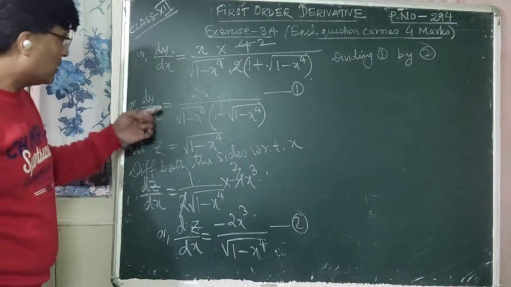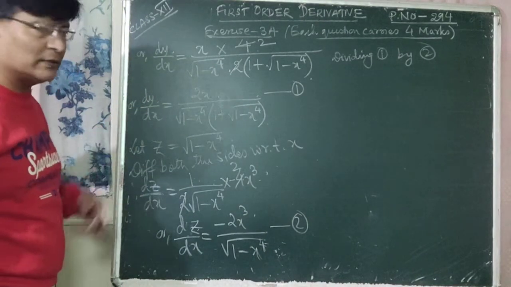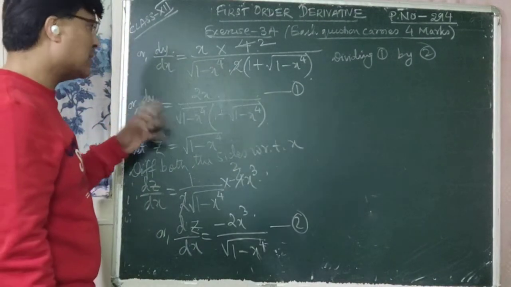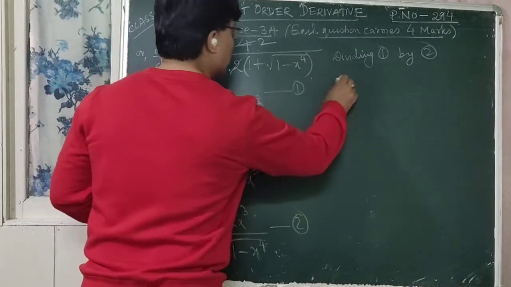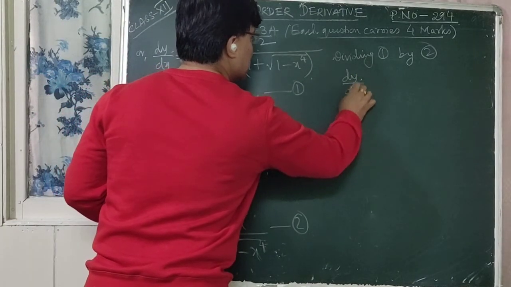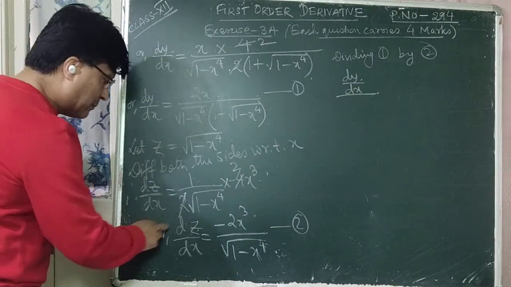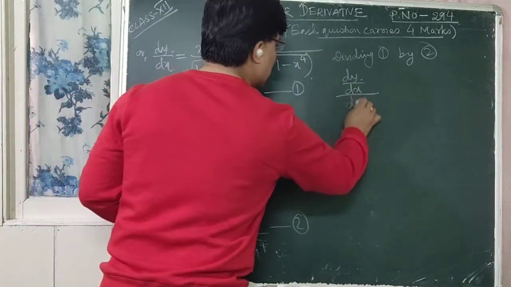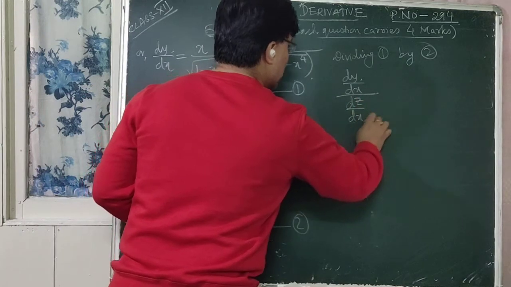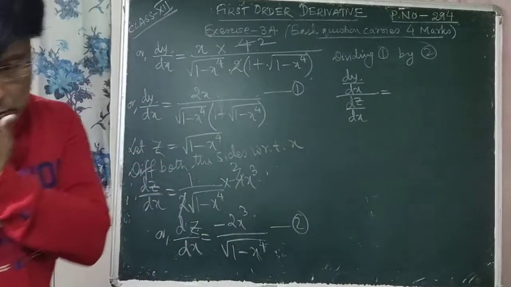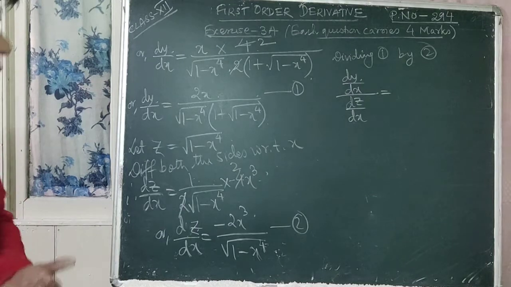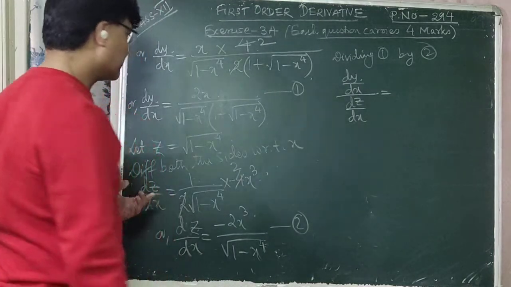Okay, so left hand side should be divided here. Now let us write left hand side of number 1 in the numerator, that is dy by dx, divided by, in the denominator what do we write? Left hand side of number 2, that is dz by dx, which is equal to next.